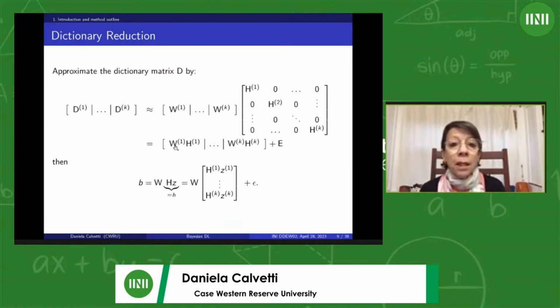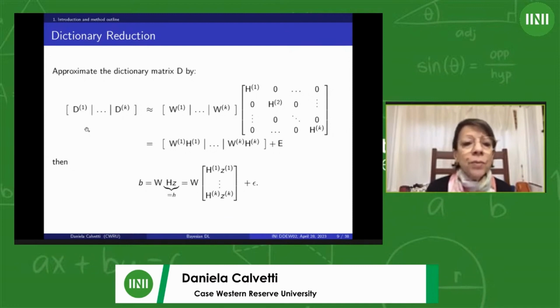And now let's say that we have concluded phase 2. And so we have produced feature vectors and weight matrices for every subdictionary here.